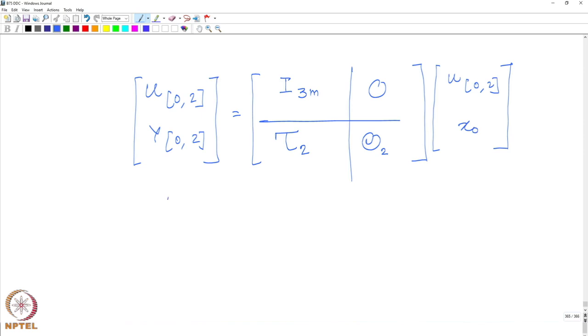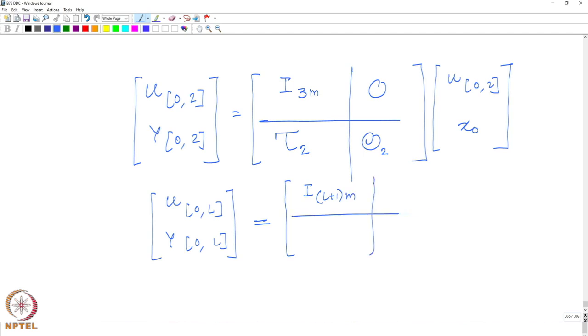Now, in general we will have u 0 to L and y 0 to L, an arbitrary vector. It will be given by the identity of size L plus 1 times m, 0 here, the Toeplitz matrix of order L, and the observability matrix of order L, multiplying this vector, which must be an arbitrary vector.